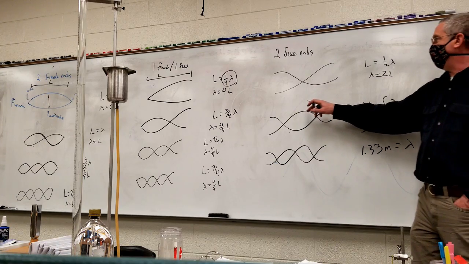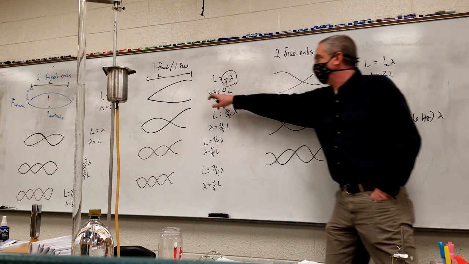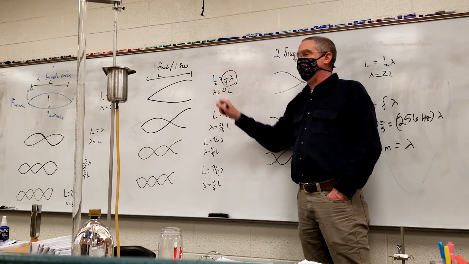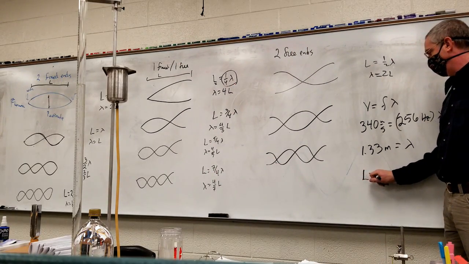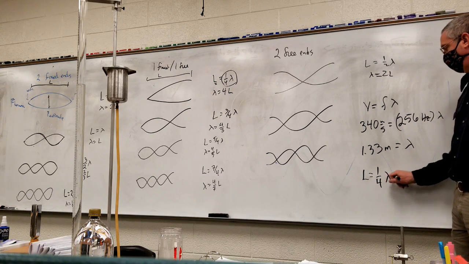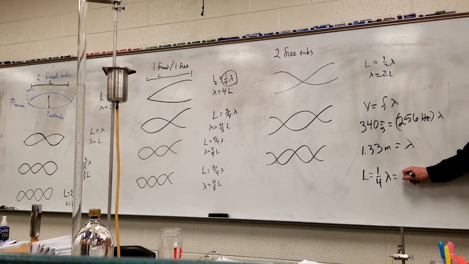Now the first harmonic should occur when the length of the air column is a quarter of that. So a quarter of that is 0.33 meters.